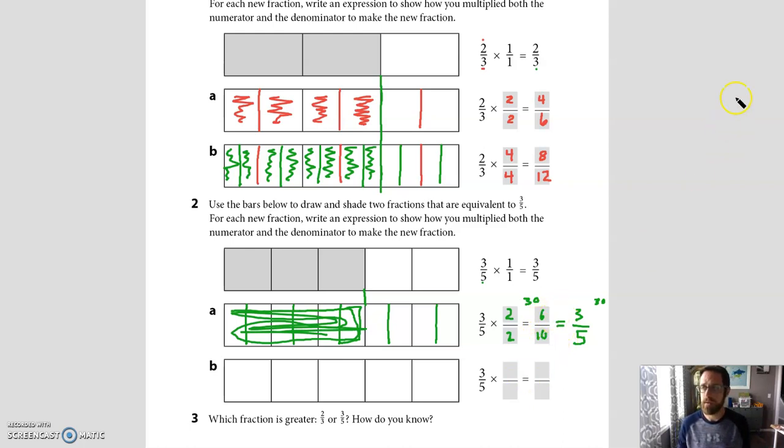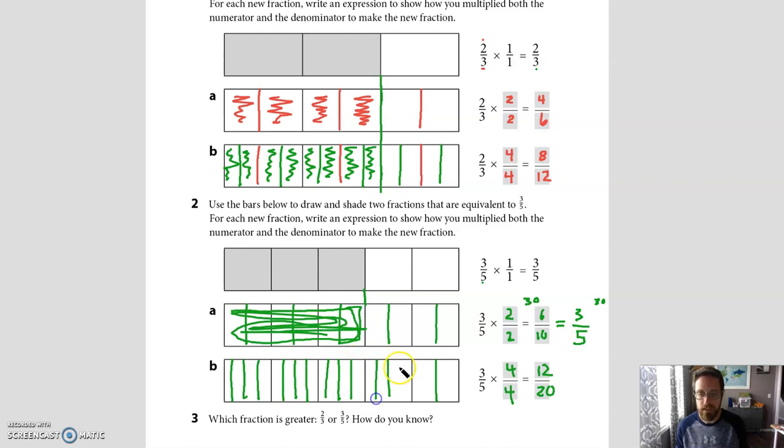Okay. If we wanted to go again, and if I split each of these in half, and if I wanted to multiply by 4s again, I could go by 4 and by 4, and that would get me 12/20. Oh, and look, my denominator doubled, my numerator doubled, so they're going to be equivalent. All that's telling me is I would split each of these in half again, so that I would have a total of 20 equal parts that I broke it into, and I want to shade in 12. 1, 2, 3, 4, 5, 6, 7, 8, 9, 10, 11, 12.